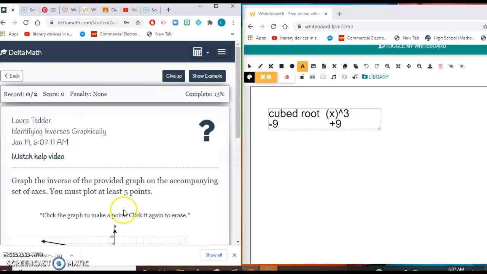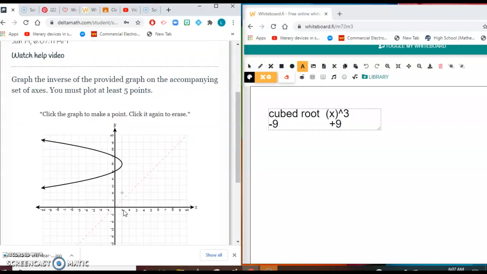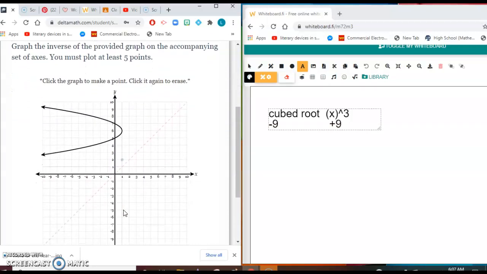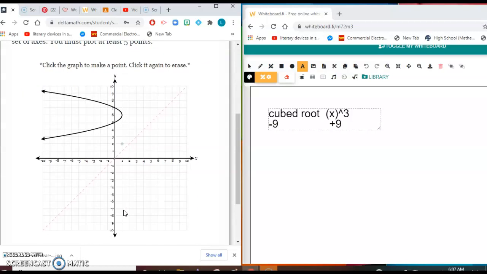Let's do one from this category. You have to plot at least 5 points to graph the inverse for this particular example. The way that you should go about it is just identify 5 points that are on the original and swap the ordered pair. So I see I can do 1, 6.